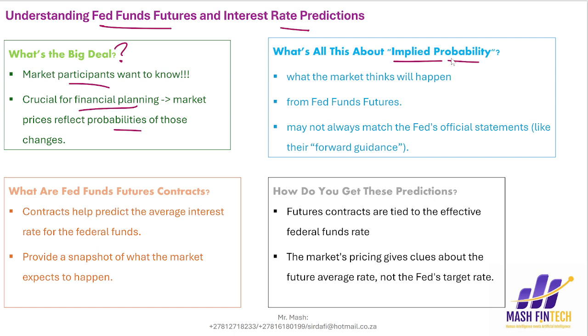And these implied probabilities come from the federal funds futures, giving you a perception of what is likely to happen. These may not always match the Fed's official statements, like your forward guidance.